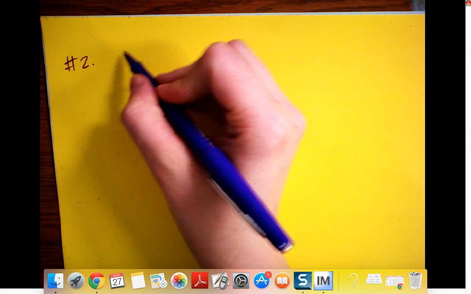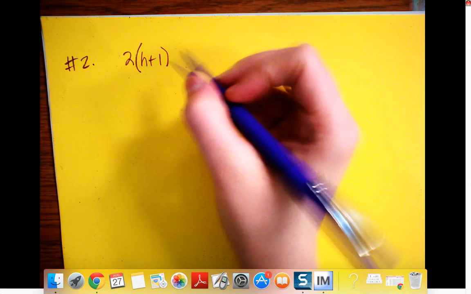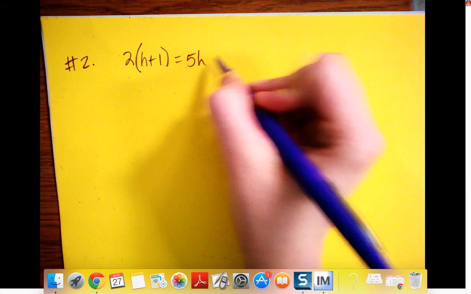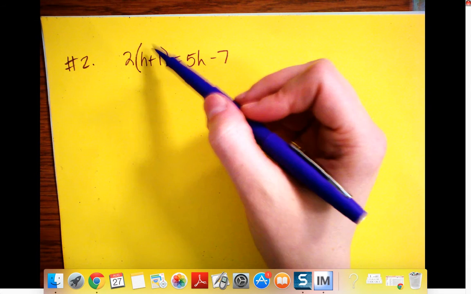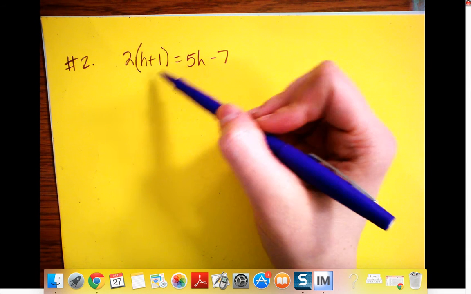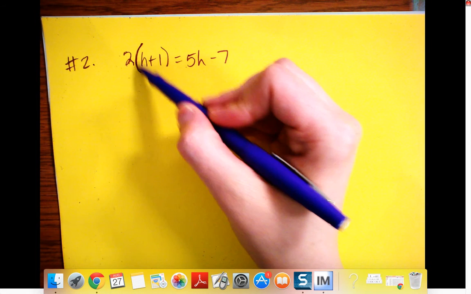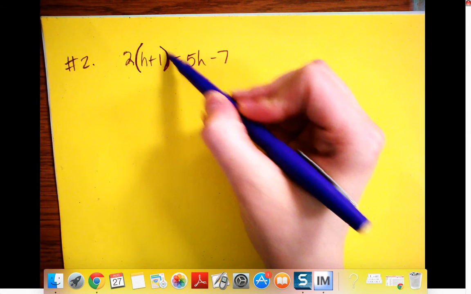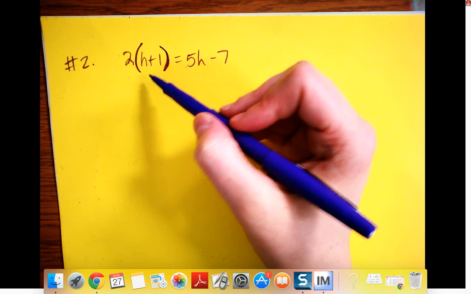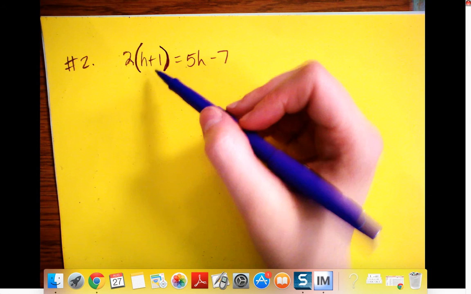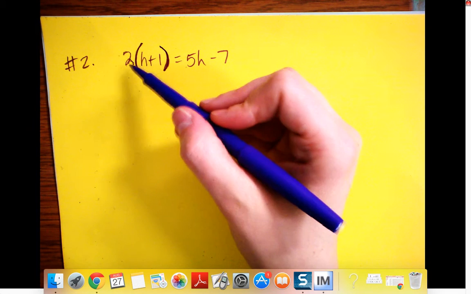Number 2 is 2 times h plus 1 equals 5h minus 7. All right, so we have the distributive property here. Whenever you have a number that is being multiplied by a group of something, this group here is h plus 1, and we can't do anything else with the h plus 1 until we distribute the 2.